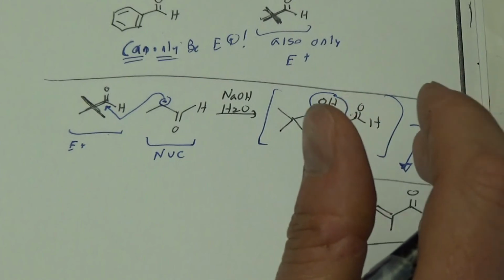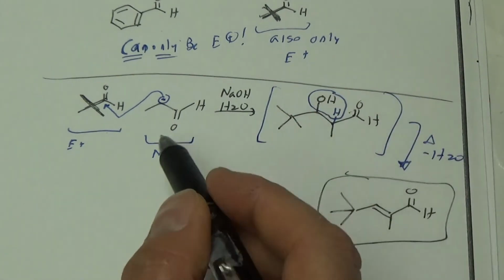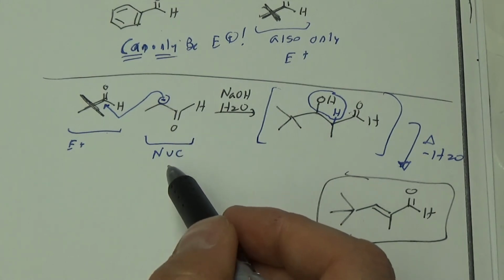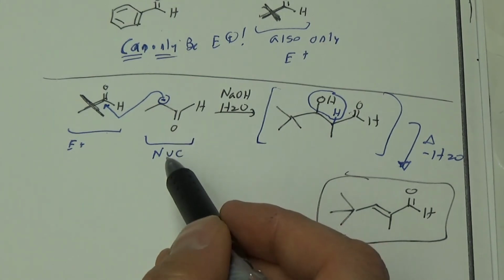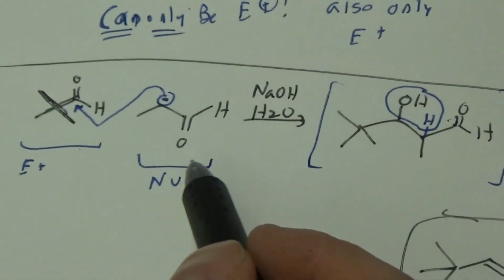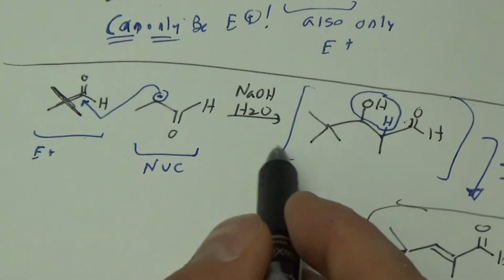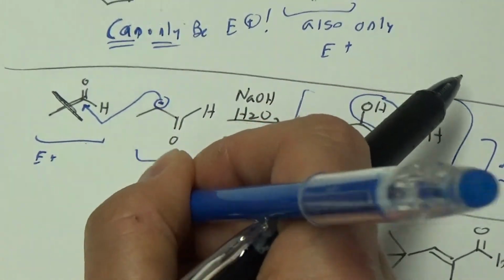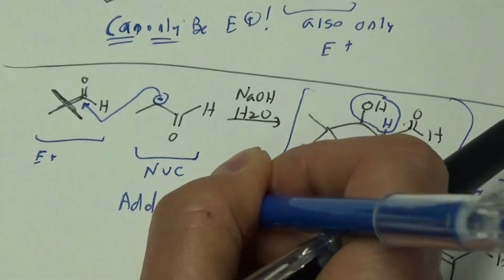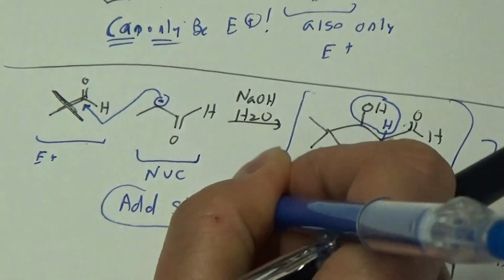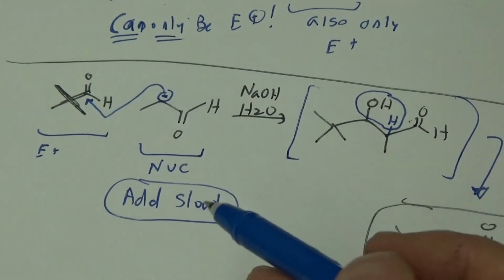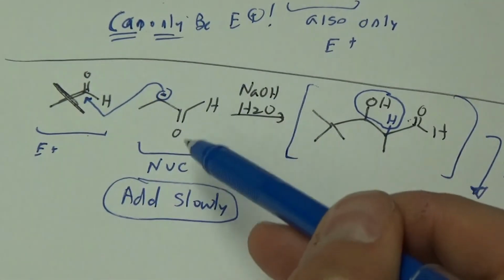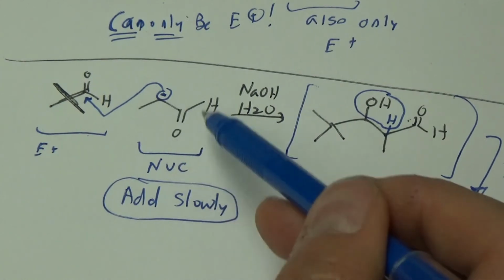One more trick. I was mentioning this could be a nucleophile, but it could also be an electrophile itself. How could we avoid it being an electrophile and just being a nucleophile? The trick we can do is add it slowly. By adding it slowly, what is the effect? We have this mixture, we add this stuff really slowly, so the concentration of this is very low.